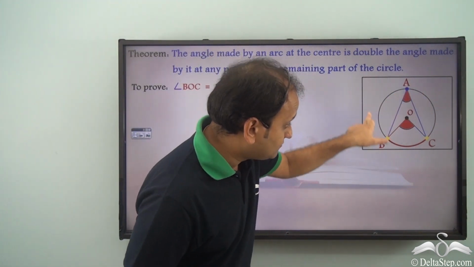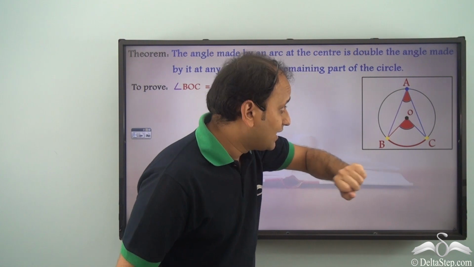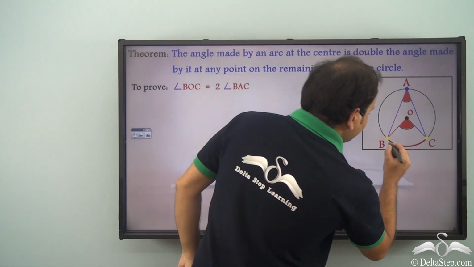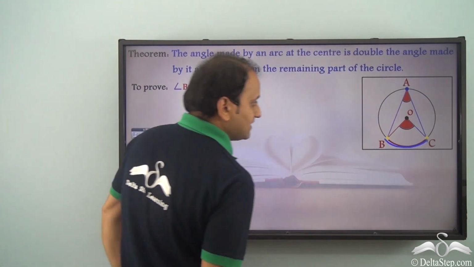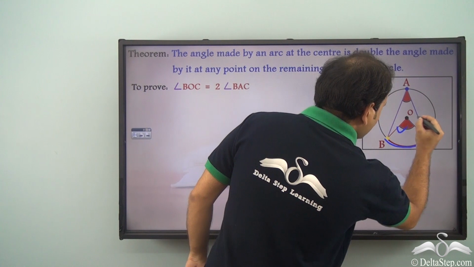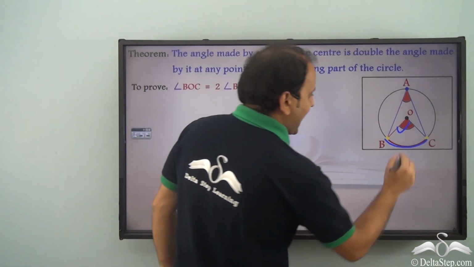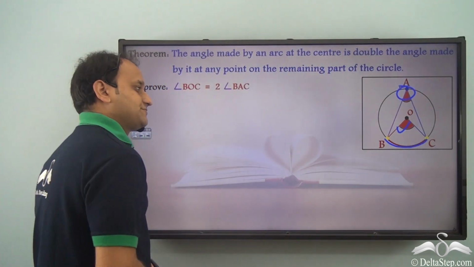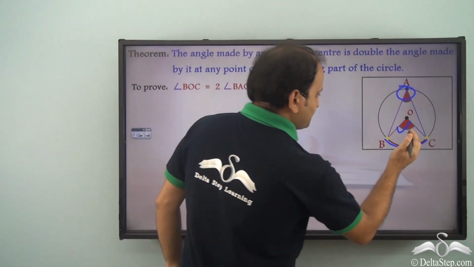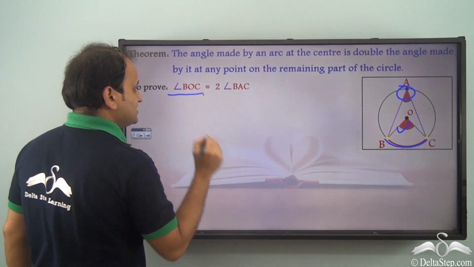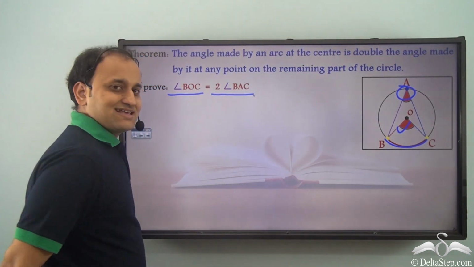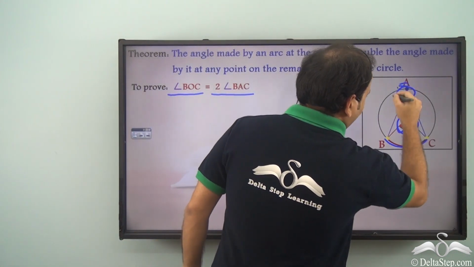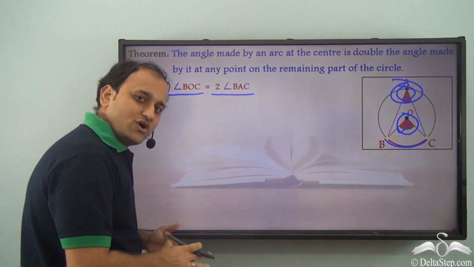We have a circle, we have the center O, and we have a point A on the circle, and we have this arc BC which subtends angle BOC on the center and angle BAC at this particular point. So we need to prove that angle BOC is equal to twice angle BAC. Angle BOC is twice of angle BAC. That is what we need to prove.